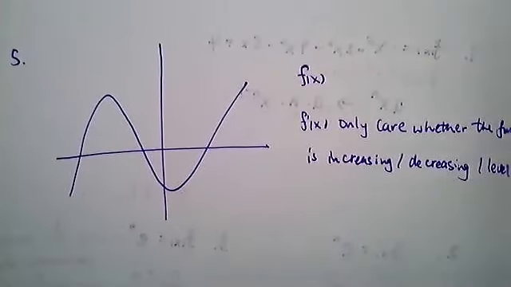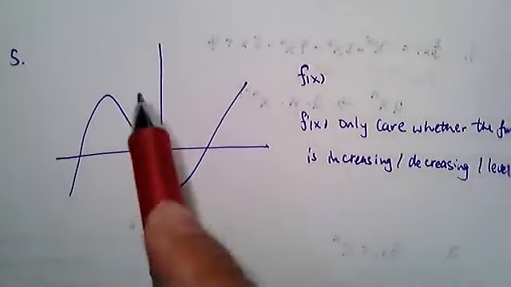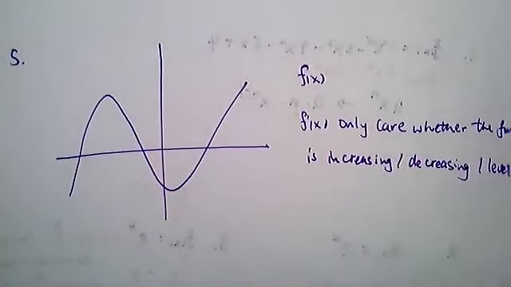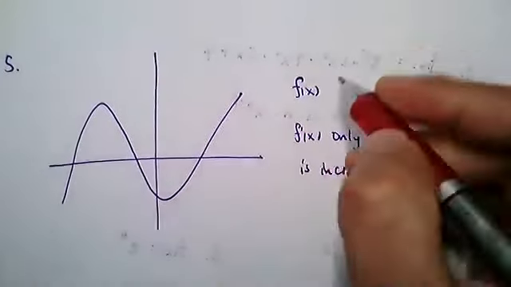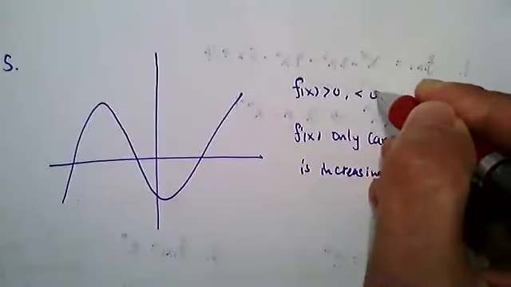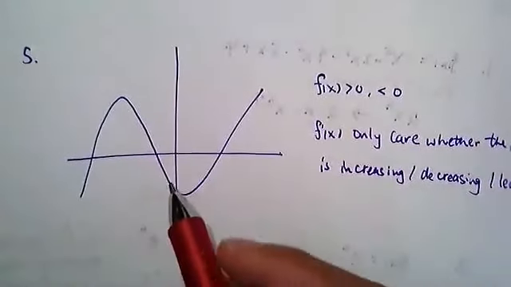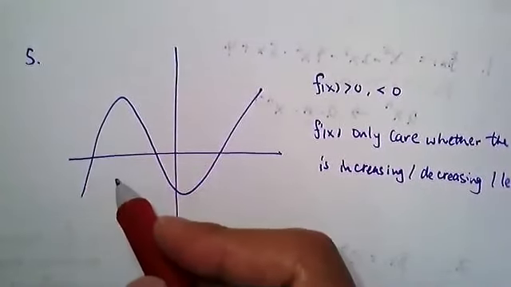Okay, let's look at question 5. In question 5, you are given a line in such a shape. The question asks you to mark where the function is positive and where the function is negative. Look at the curve.